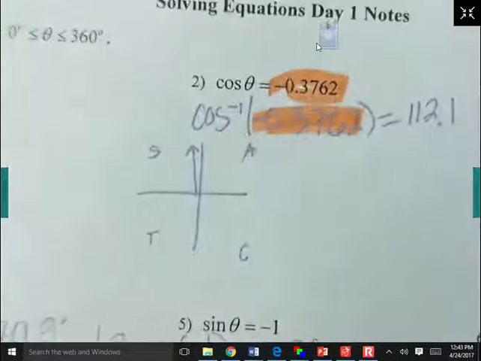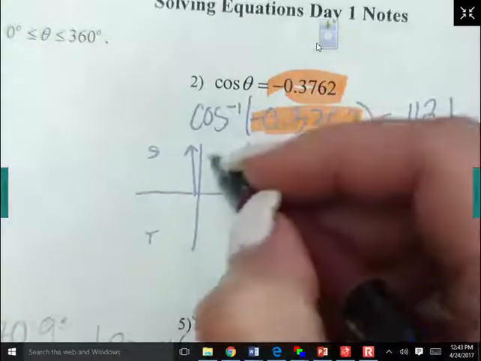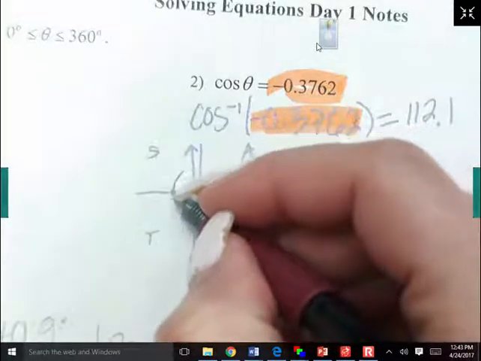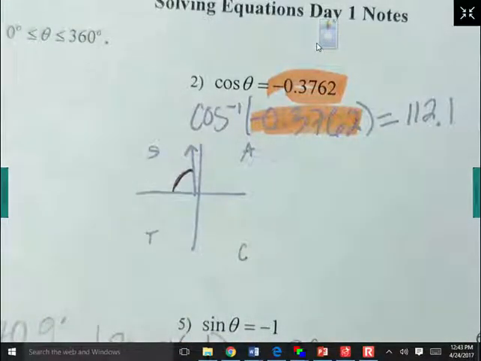All right, Alexia, let me ask you one more question. Do you know what this reference angle is right here? Close to that, something like that. A little bit less. How could we find out exactly? Subtract? Subtract what from 180?